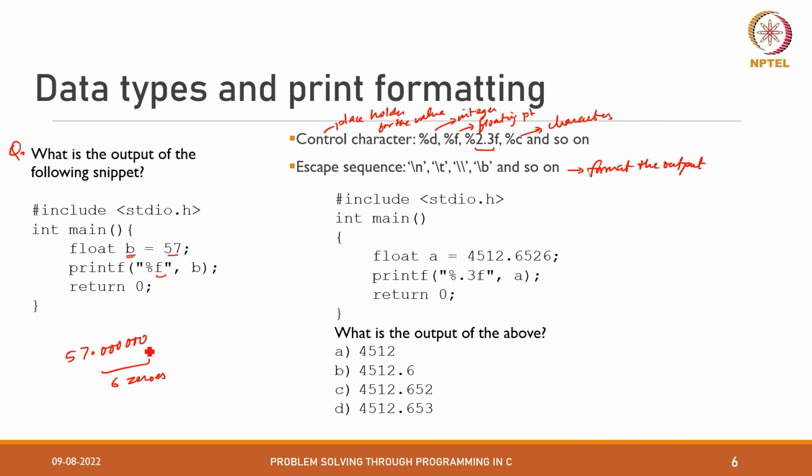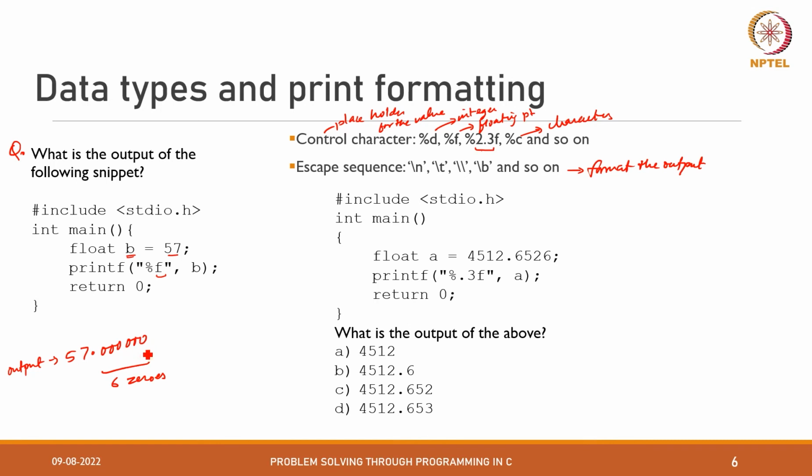This exactly will be the output here. Why? Because we are specifying that we are printing it as a floating point, and through the printing statement, the float will have an accuracy of up to 6 digits. So we have 6 zeros here.